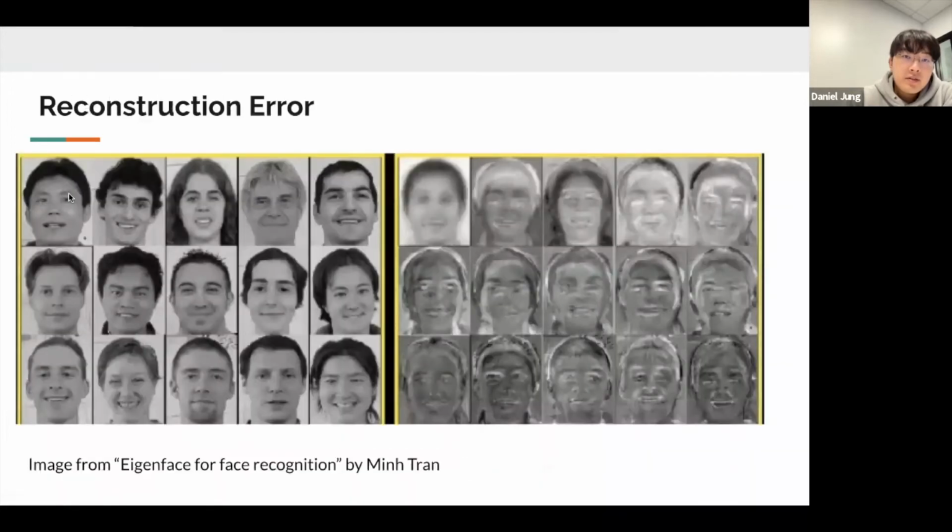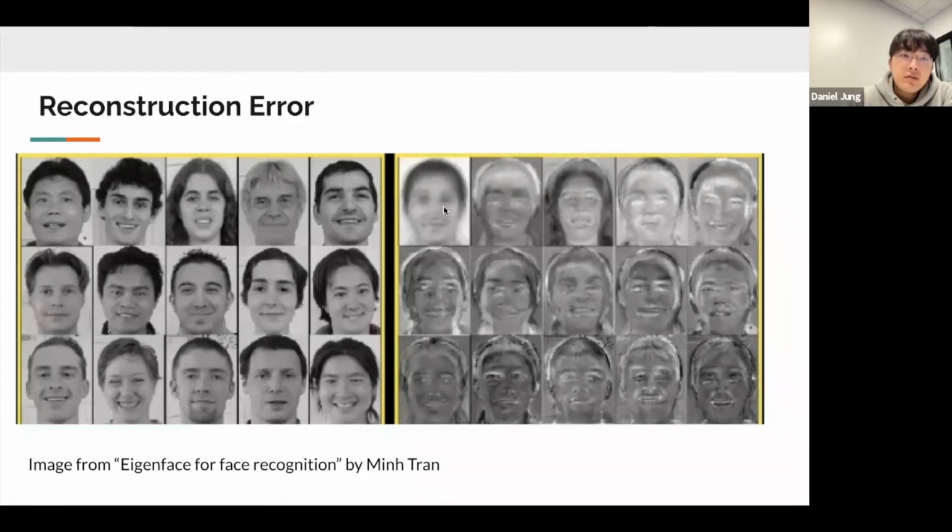Reconstruction error is an error that, as the name mentions, appears when you try to reconstruct your data. This is a high dimensional data of a human picture, and this is a low dimension data of the human picture. Reconstruction is when you try to reconstruct your data from low dimensional data into high dimensional data.